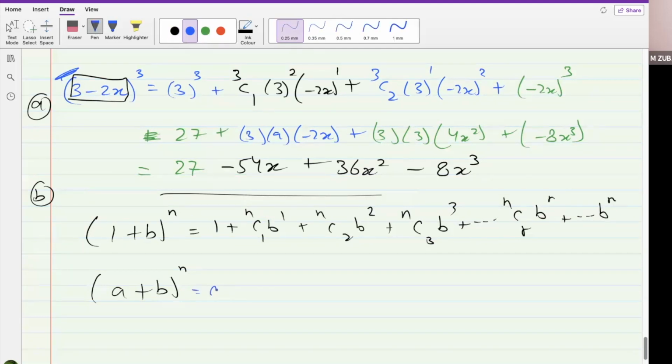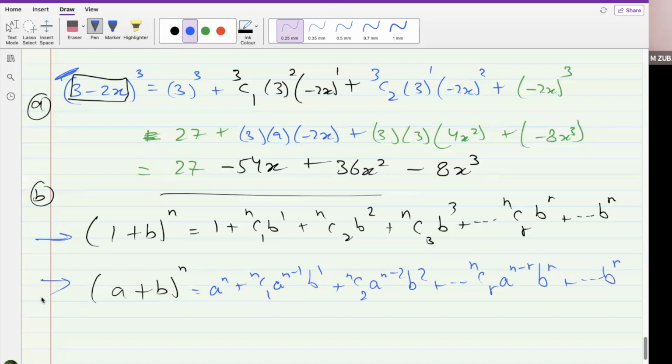And this below is a power n plus nC1 a^(n-1) b^1, nC2 a^(n-2) b^2, and then nCr a^(n-r) b^r, and then the last term b power n. Only these two with two terms. Three terms would be the part B of that question, in which we just replace the given values.